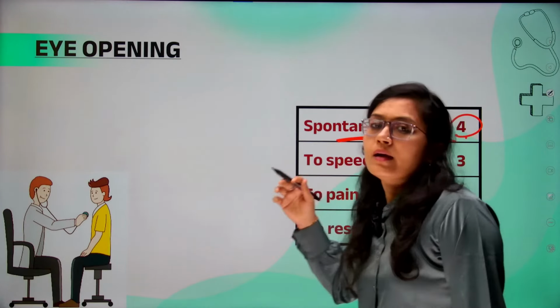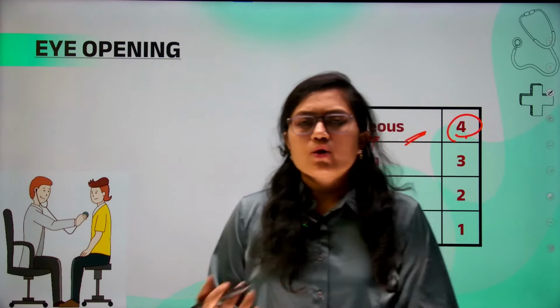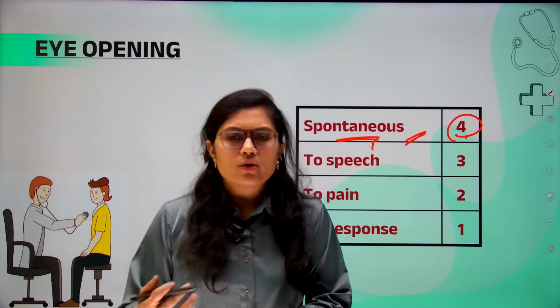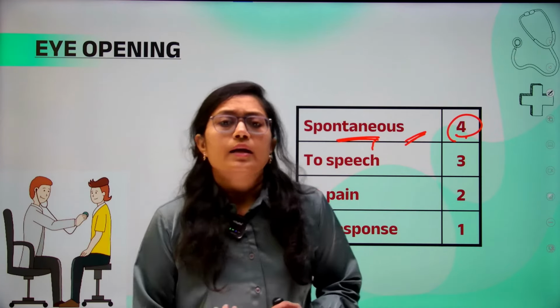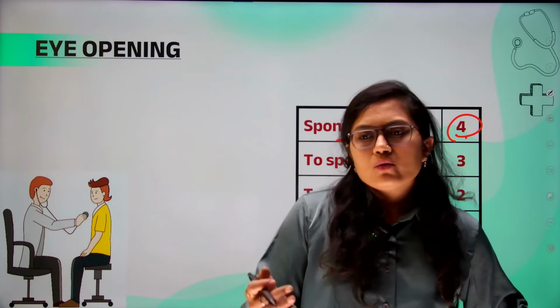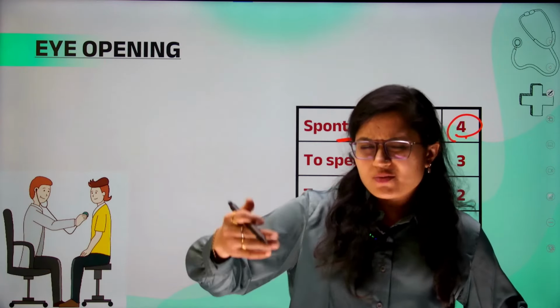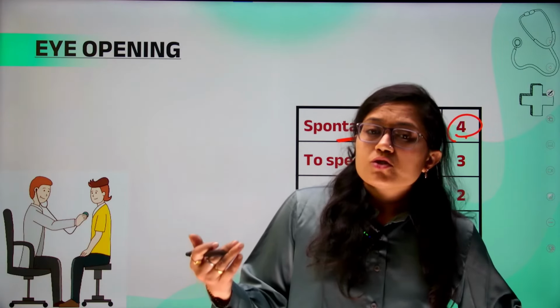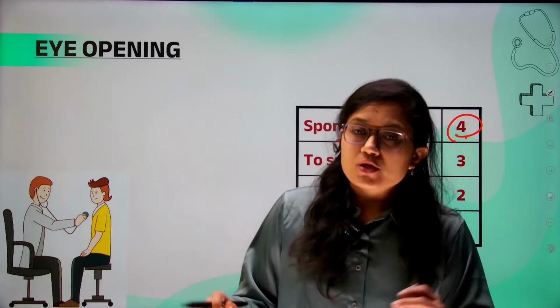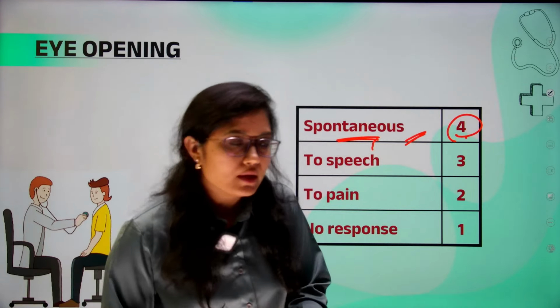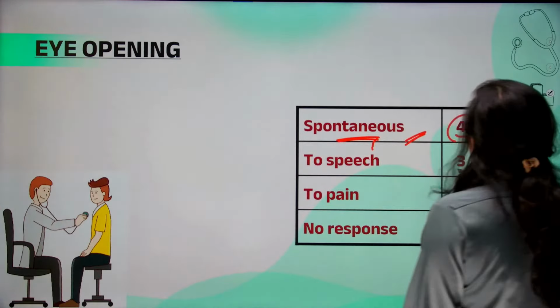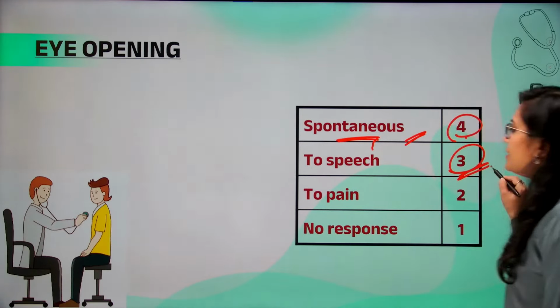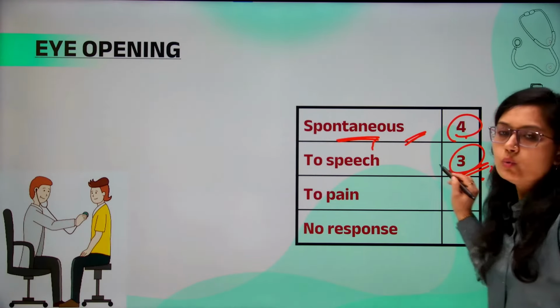Next, for example, the patient has not responded when I entered the room or came near the patient, so I call the name. Like I called the patient, "Ramesh bhai," or anything, "how are you, please get up." So just to speech, I am not touching the patient, just to my verbal command, if the patient responds, that will be considered grade 3, that is to speech.